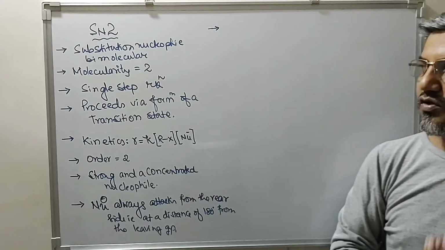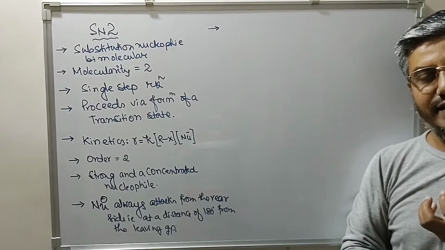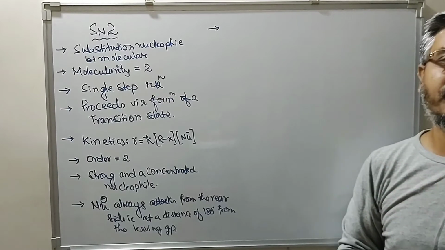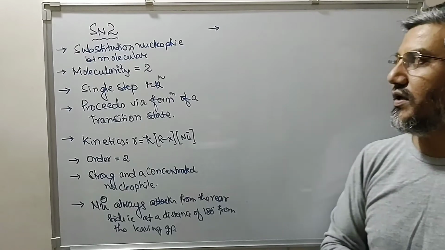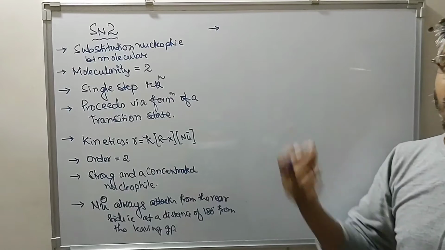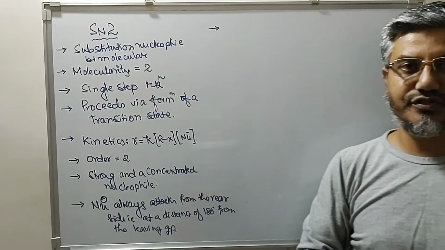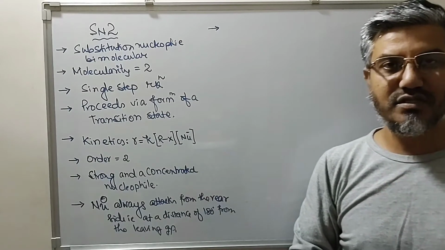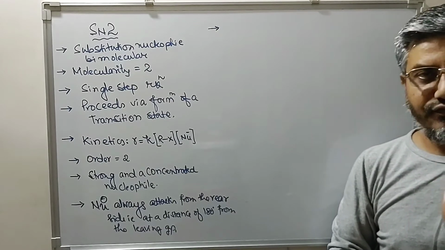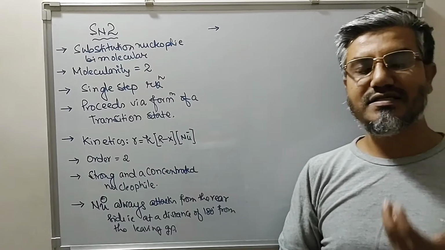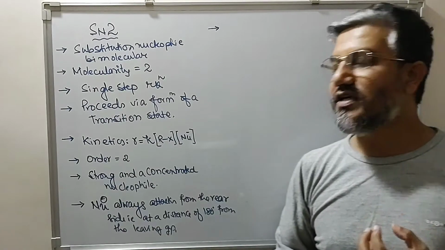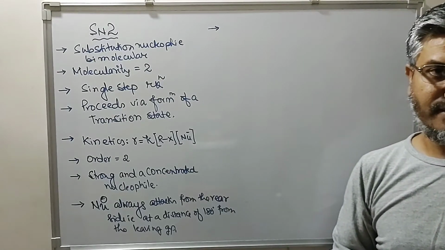If the starting alkyl halide has S configuration, the product will have R configuration. If the starting alkyl halide has R configuration, the product will have S configuration. So that is 100% inversion of configuration if the starting alkyl halide is chiral. This 100% inversion is what we call Walden inversion.